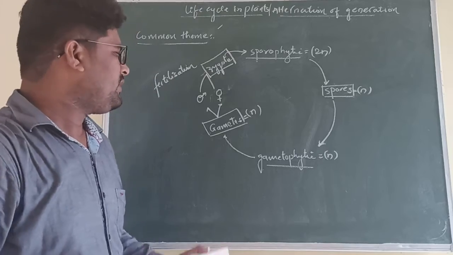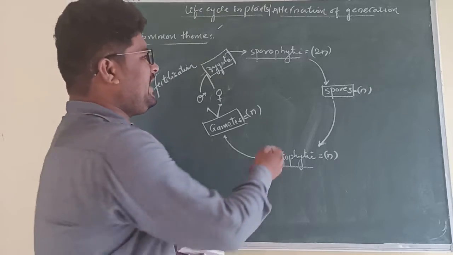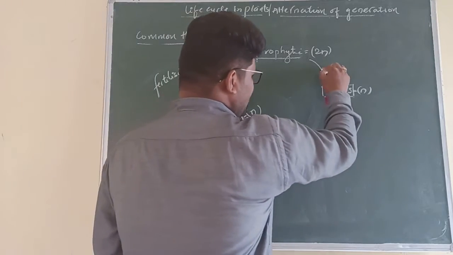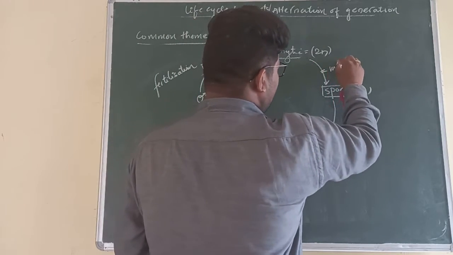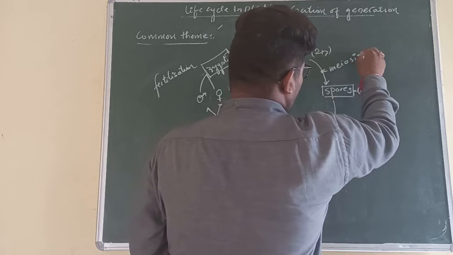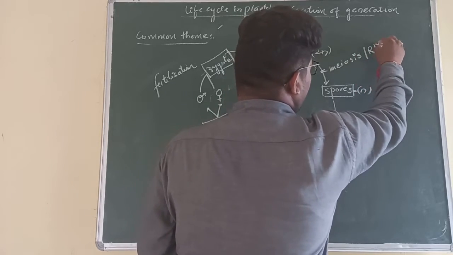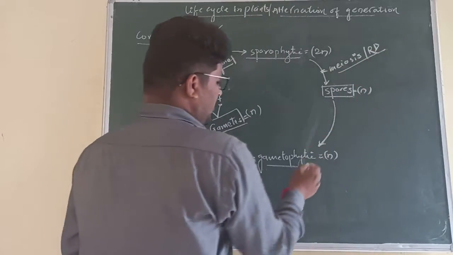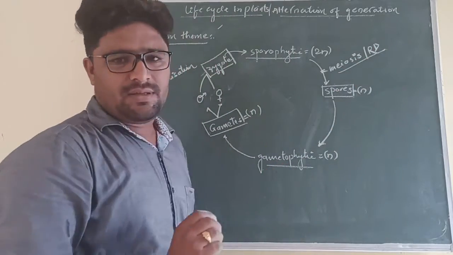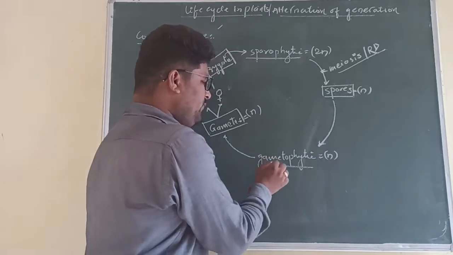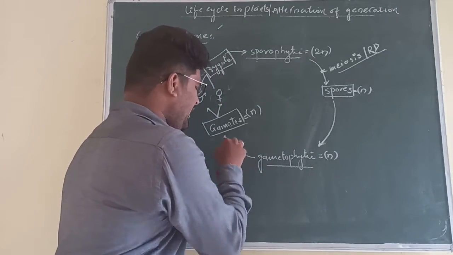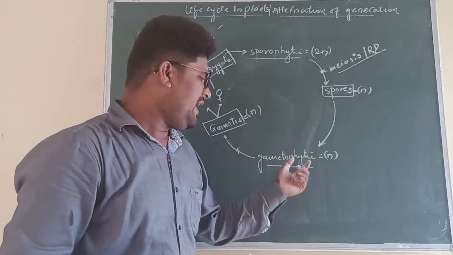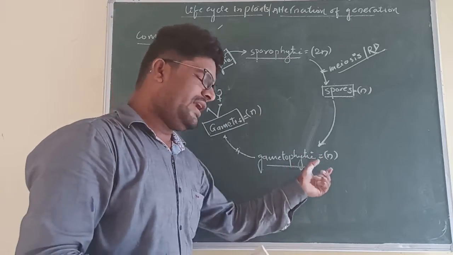This is very important. Whenever spores are formed from the sporophyte, the process that takes place in between is meiosis. Meiosis is also said to be reductional division, RD. Whereas, when we know the gametophyte is always haploid, it means if we carry out meiosis here, we can't reduce the number of this haploid gametophyte because it is already haploid.